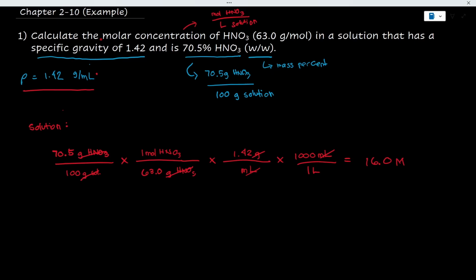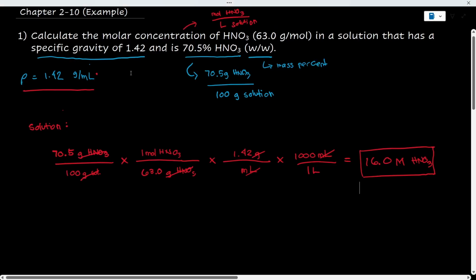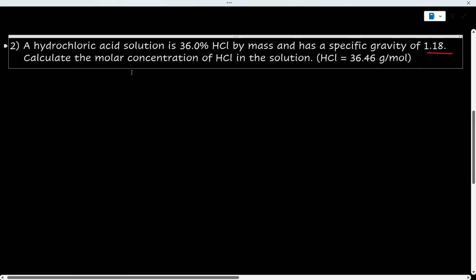Okay, so this is the molar concentration of nitric acid. This is usually how you solve the molar concentration of a concentrated acid based on the labels found on its container. So you need the information such as the density or the specific gravity and its mass percent. Okay, let's do the next example.